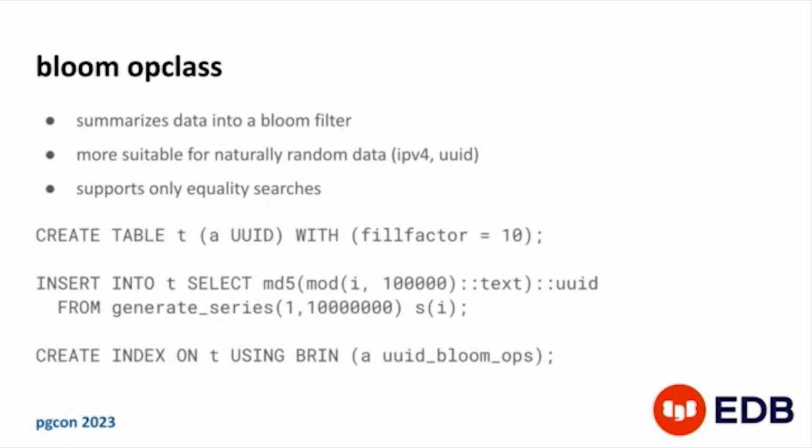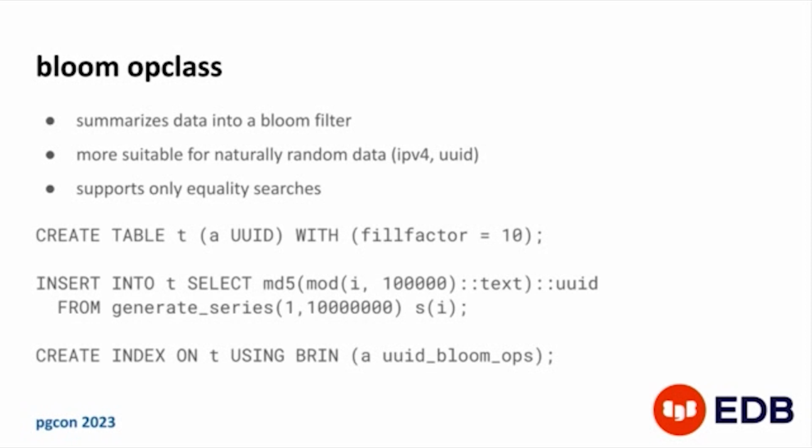So the other thing implemented in Postgres 14 is something we call Bloom. I assume that all engineers here have heard about Bloom filters. So the idea is that instead of keeping minimum and maximum, you can keep any other sort of summary, for example, a Bloom filter. So instead of calculating minimum and maximum, you build a small Bloom filter for each of the ranges.